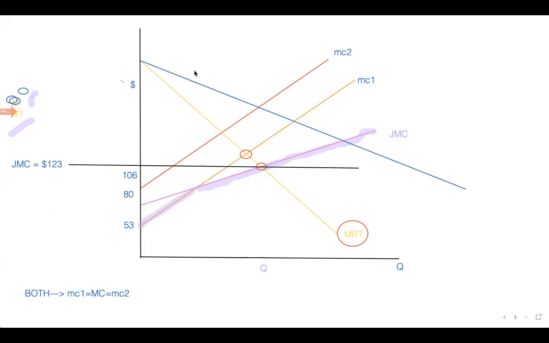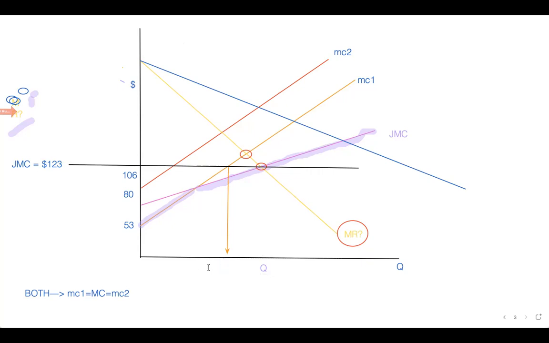But okay, Brian, you with me? When I look at the division between them, I'm going to say, okay, now I know the joint marginal cost is 123. So I have to evaluate the Q that gives me 123 for firm one, and that will give me the share of the output that firm one is going to produce.